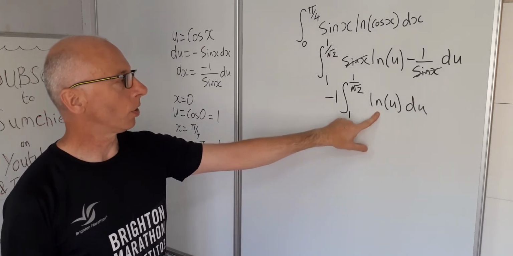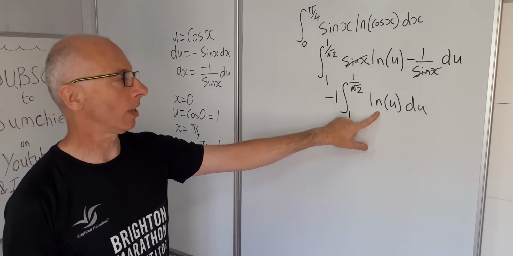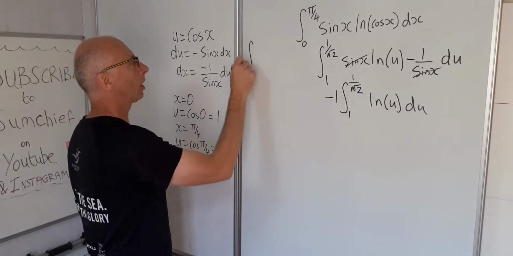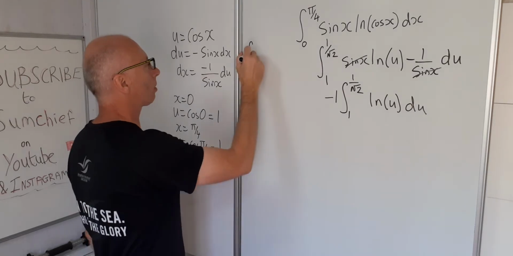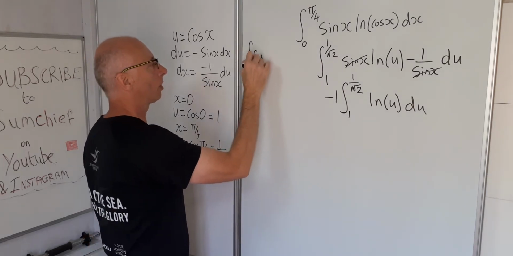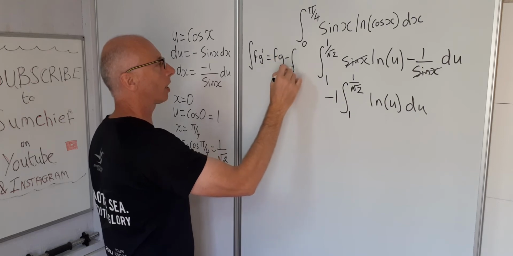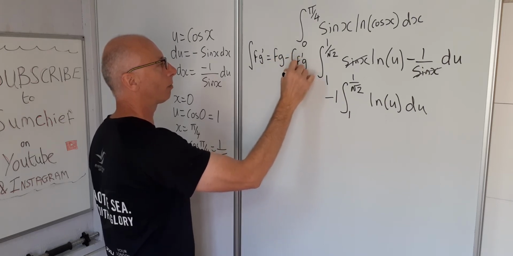Now log of u, we can do that with integration by parts. The formula for integration by parts is the integral of f g prime equals f g minus the integral of f prime g.